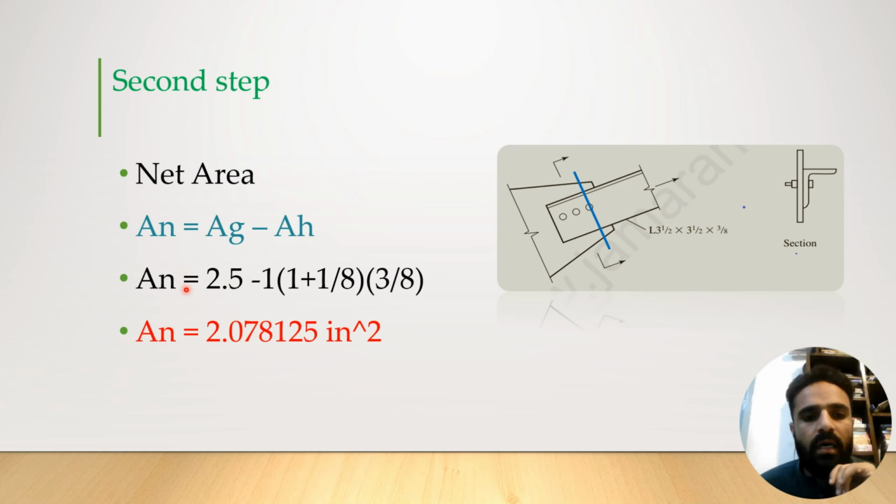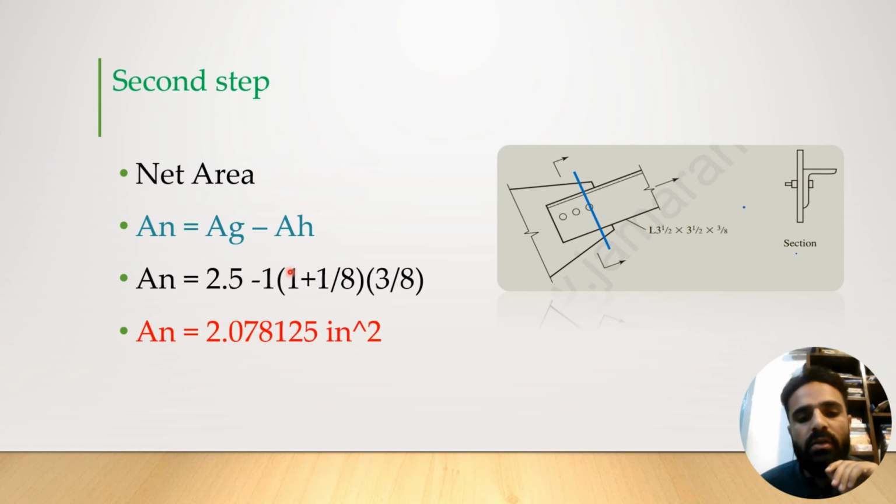So here the net area is this, that 2.5 is the gross area minus how many bolts are in the failure plane? Only one bolt is in the failure plane. So 1 into the diameter of the bolt, which is 1 inch, plus 1/8 as the tolerance. We will add the tolerance of the bolt.